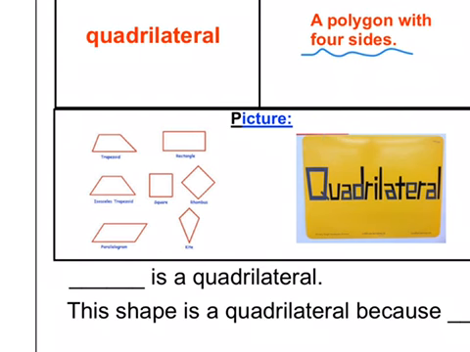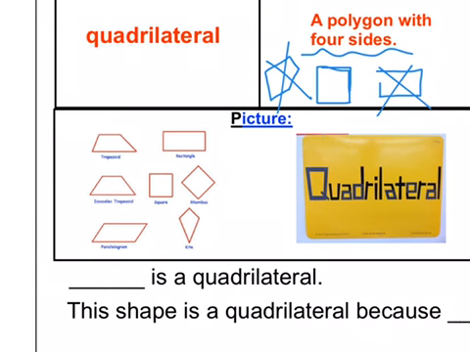As long as the shape is closed and the sides are straight, I know my picture isn't perfect, it is a quadrilateral. This one is not because it's not closed. This one is not because it has five sides, so it has to have four sides.